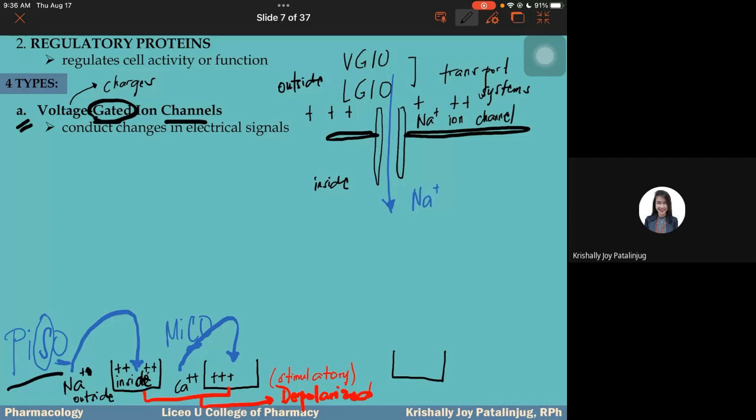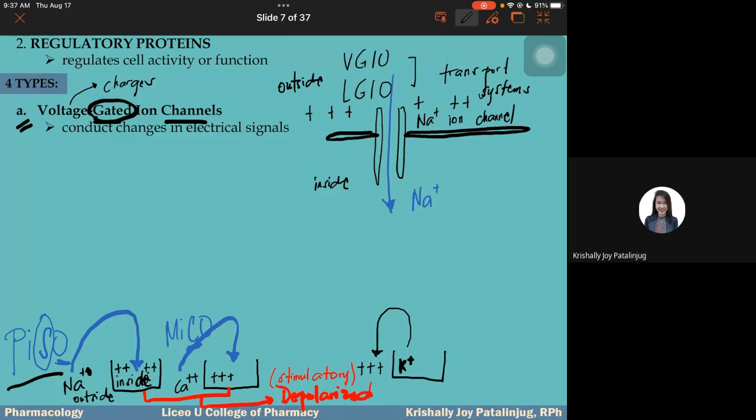Use the mnemonic PISO: potassium in. So normally potassium ions are found inside the cell. So once the potassium ion channel opens, listen, the movement of potassium ions is outside the cell. It will go out, it will exit the cell. What will happen to the charge inside the cell?